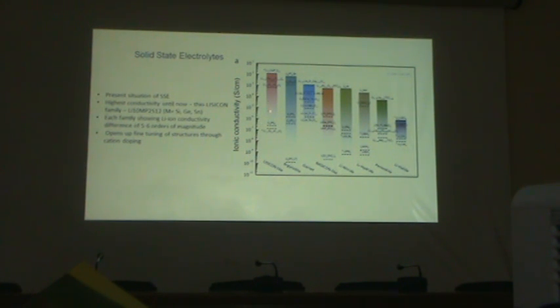And there are families, LISICON, argyrodite, these are all inorganic families, garnets, NASICON, and so on. So mainly people are working on these three materials and also on perovskites, because of the ease of synthesis, being easy to work with, perovskites, oxides, and also the stability they offer.